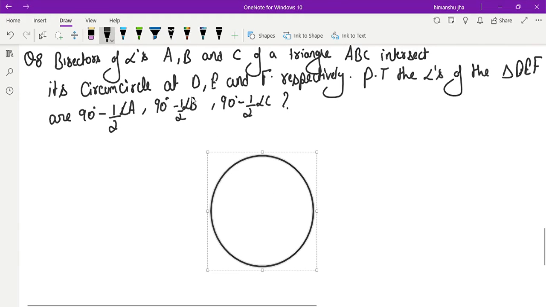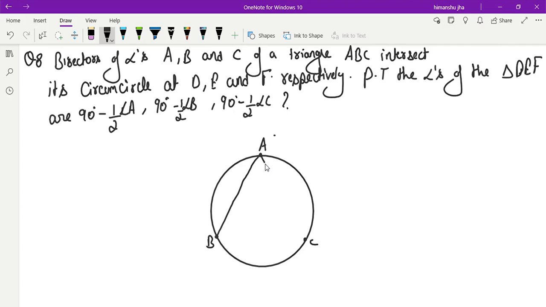Circumcircle means a circle. Let's say the point A here, B here, and C point here. ABC, the triangle.